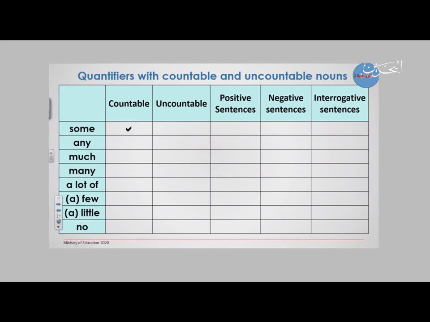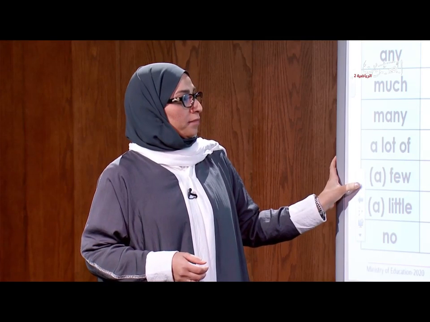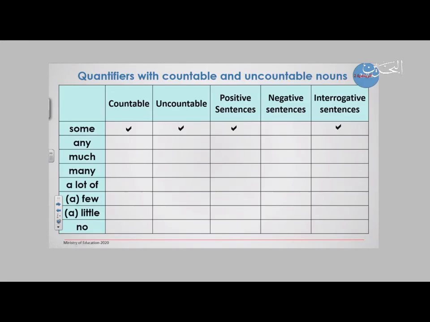These are the answers. For some, I can use the quantifier some with countable, uncountable, positive sentence, and interrogative sentence, as I told you, in a question. Check your answers with me while I'm clicking the answers, please.